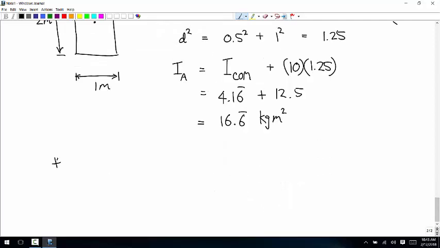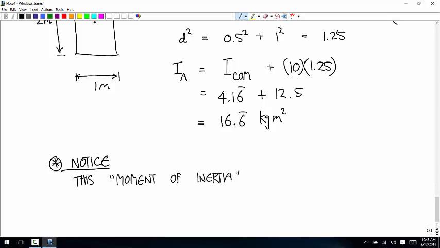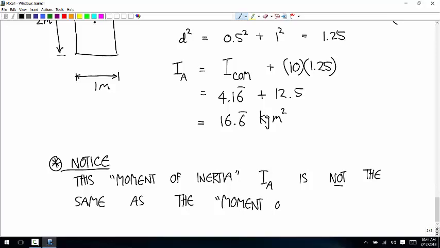Okay, and I mentioned this before, but notice this moment of inertia I sub A is not the same as the moment of inertia I sub A, if you can believe it.